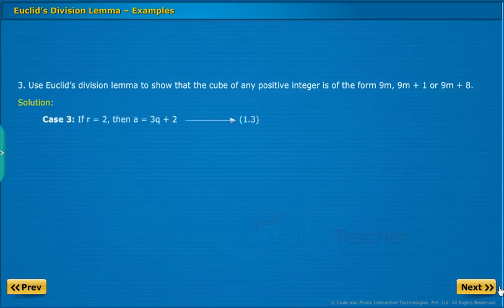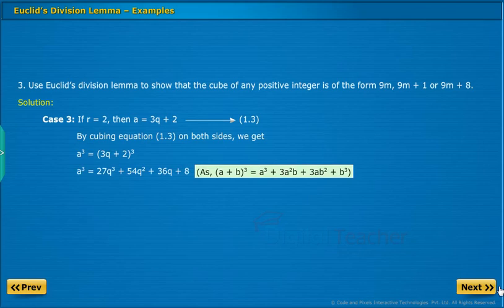Case 3. If r equals 2, then a is equal to 3q plus 2. By cubing equation 1.3 on both sides, we get a cube equal to 3q plus 2 whole cube. As it is in the form of a plus b whole cube, we write it as shown. Now, by further solving, we get a cube is equal to 9m plus 8.